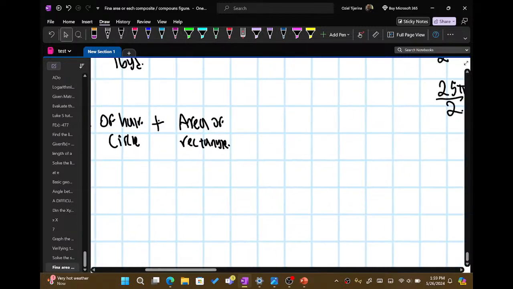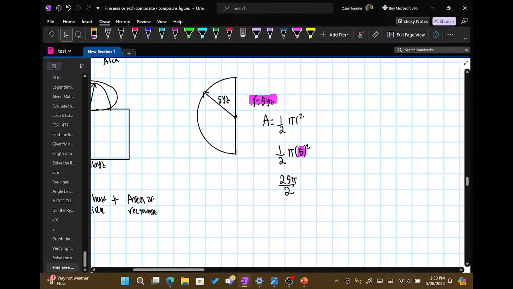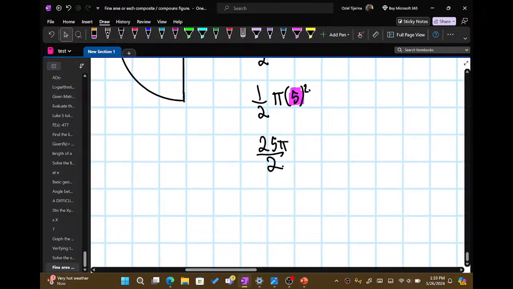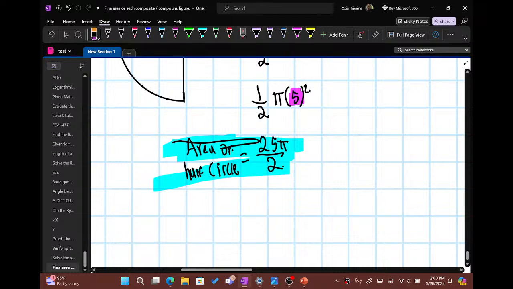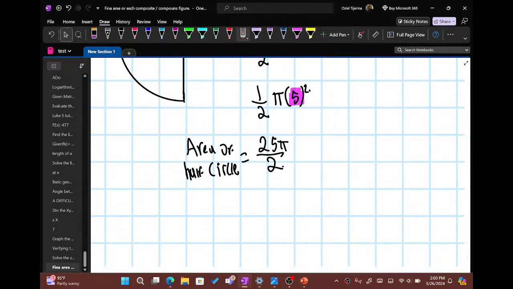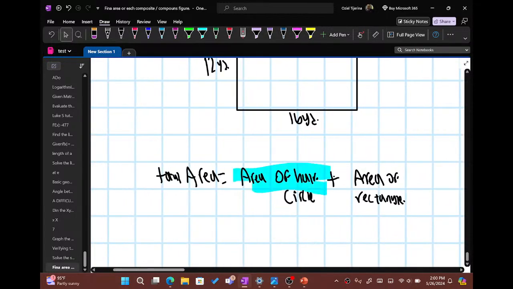So we know that the area of half circle is equal to 25 pi over 2. So this is this part, and then plus the area of the rectangle.